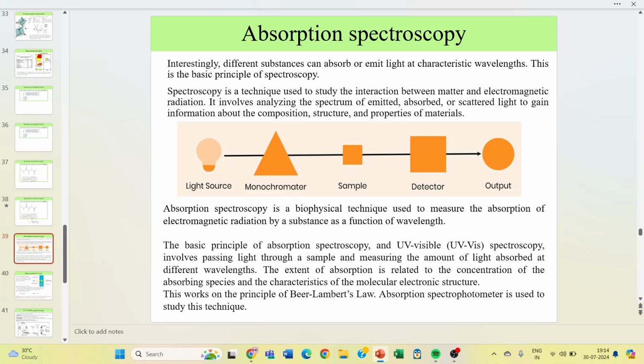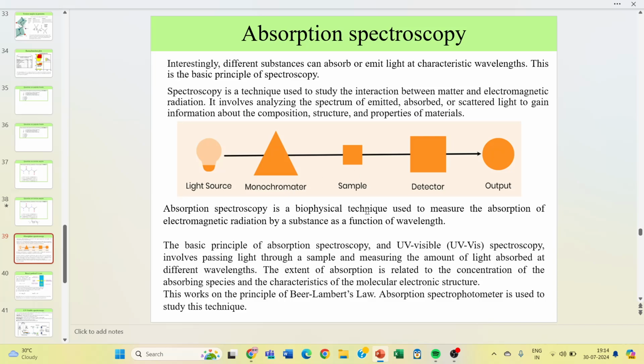Light comes from the source, enters the monochromator, a specific wavelength goes to the sample, and then the sample emits a different wavelength, which is detected, and then the output is analyzed.